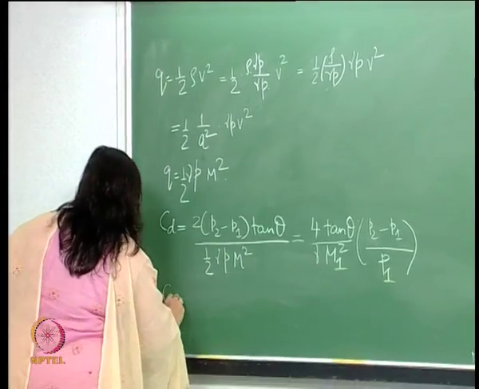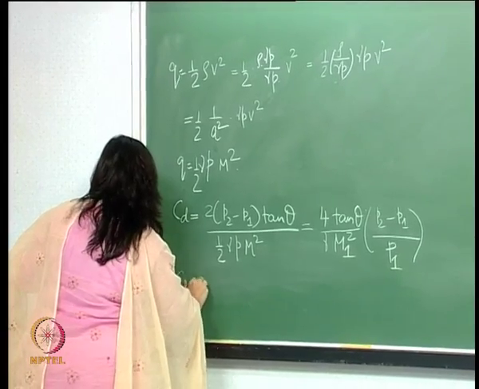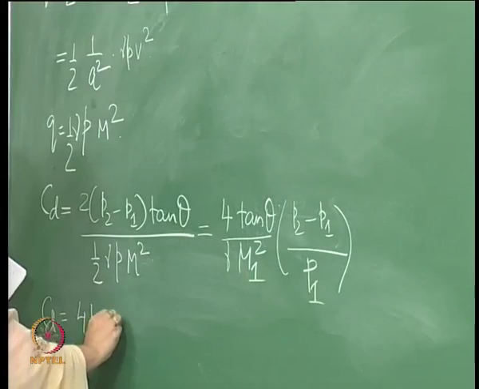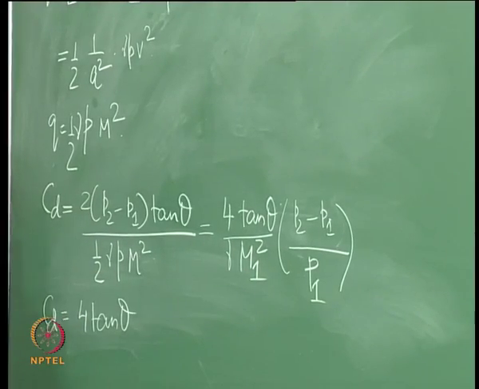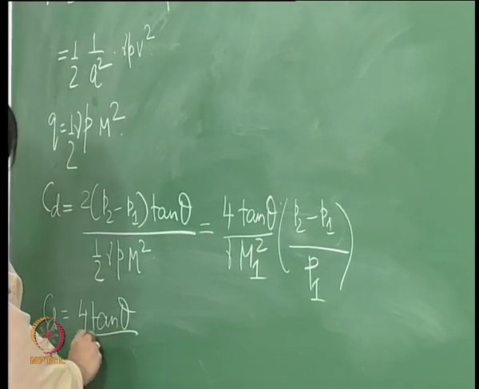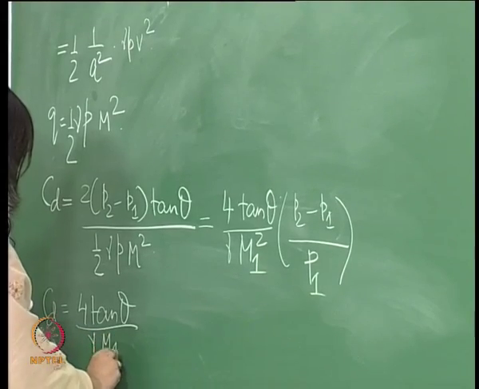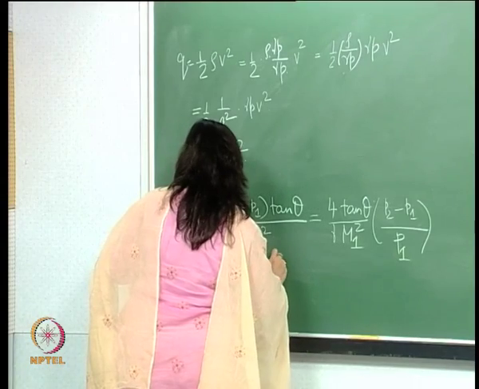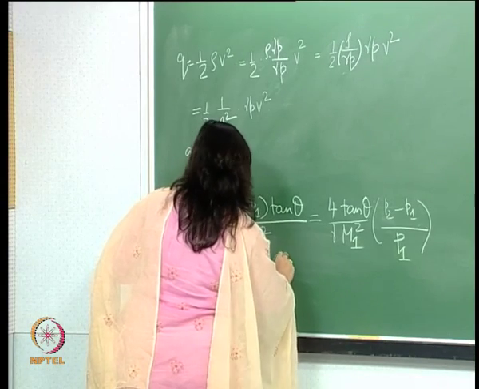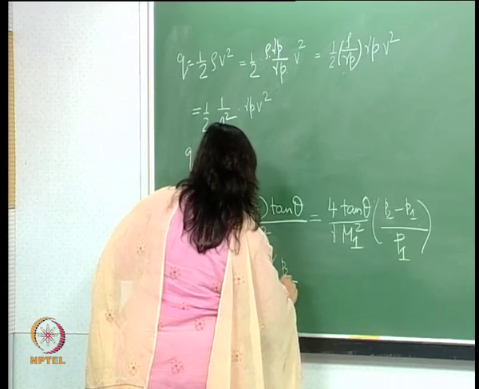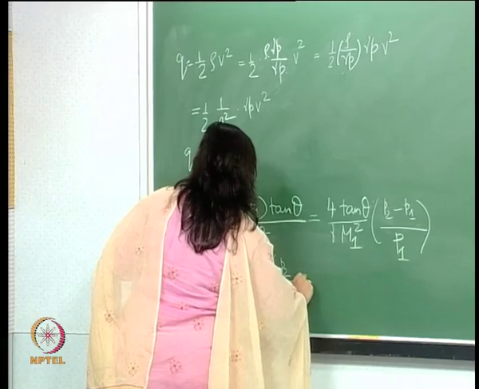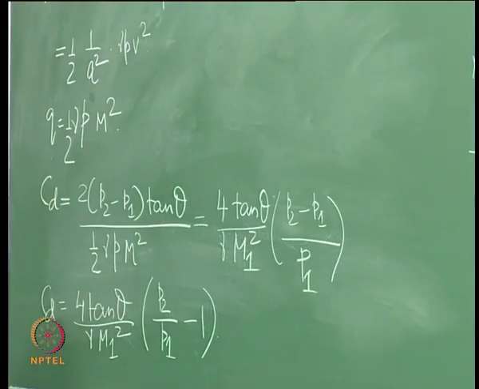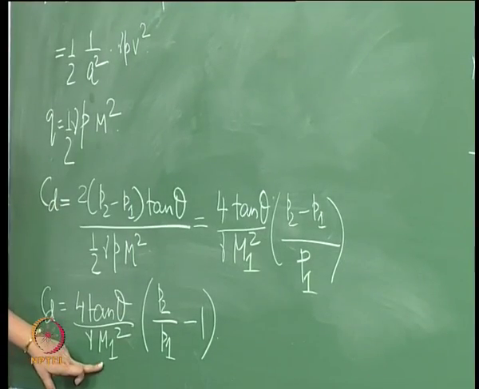If I do that, then CD comes out to be 4 tan theta by gamma M1 square, times P2 by P1 minus 1. So M1 is something that we don't know.